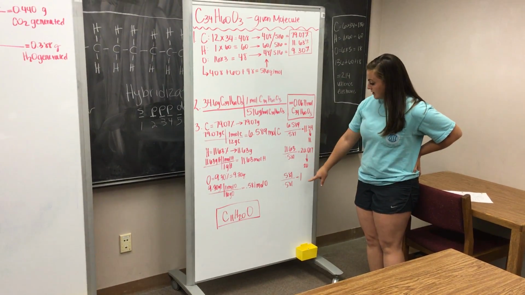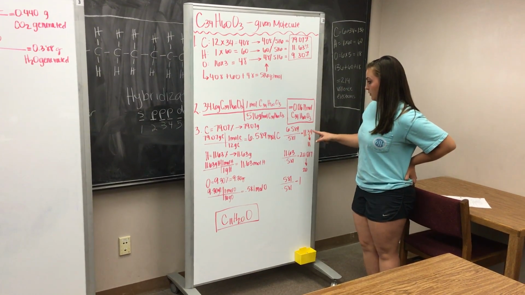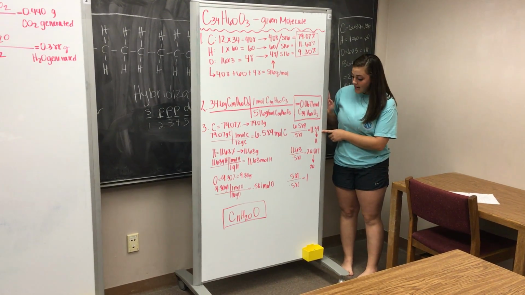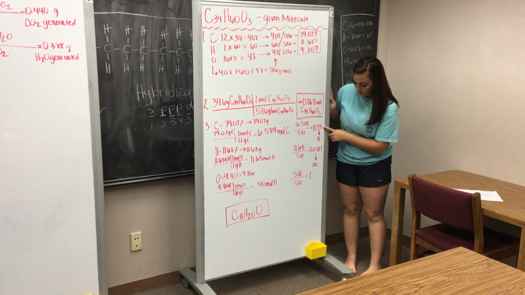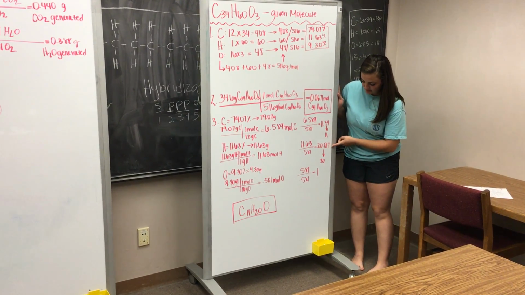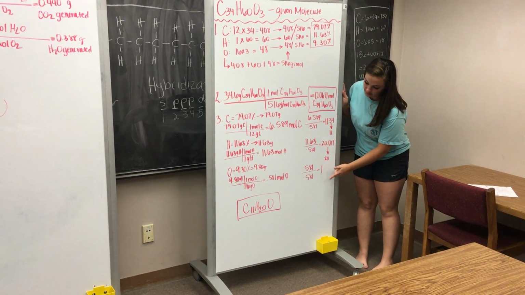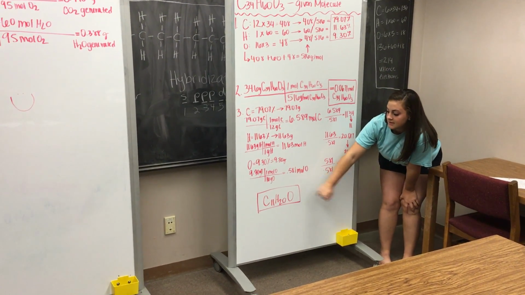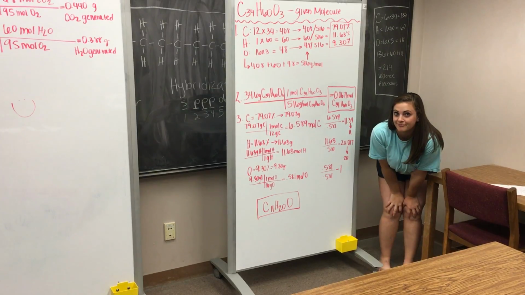And then if we divide all of them by 0.581, we will get what actually is inside our molecule. And we round the 11.34 to 11, the 20.017 to 20, and then the oxygen stays as 1. So our empirical formula would then be C11H20O.